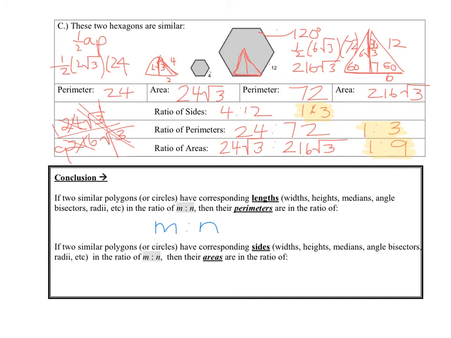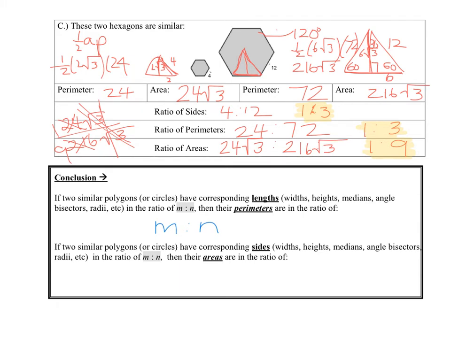It doesn't change. Okay, if two similar polygons or circles have corresponding sides, widths, heights, medians, angle bisectors, radii, any of that, in the ratio of m to n, or in this hexagon case 1 to 3, then their areas are in the ratio of what? What happens to m and n when we go to the ratio of the areas?